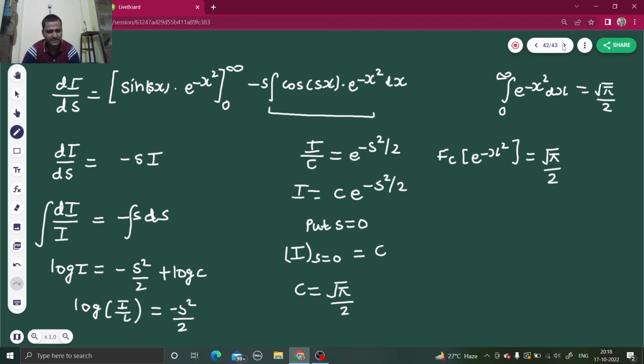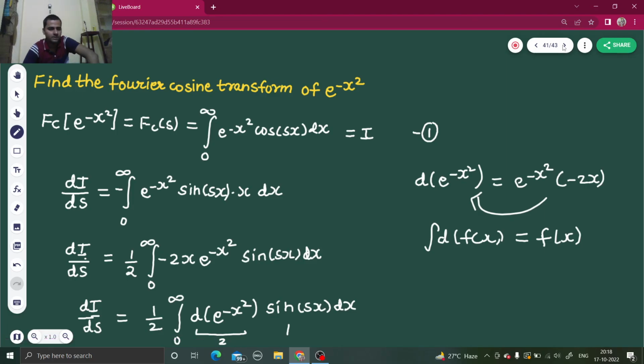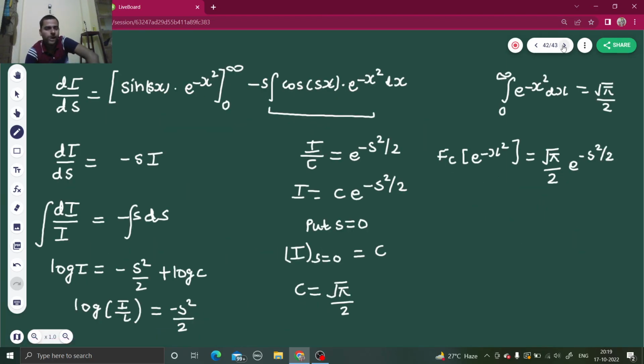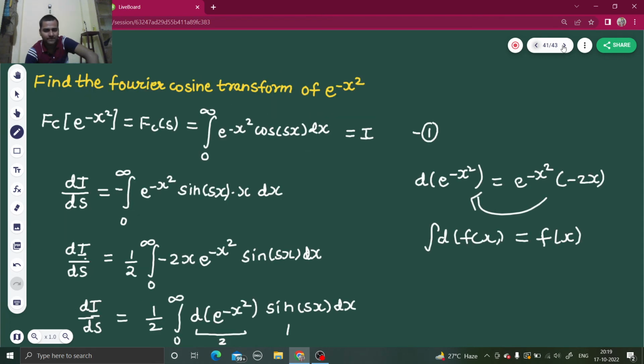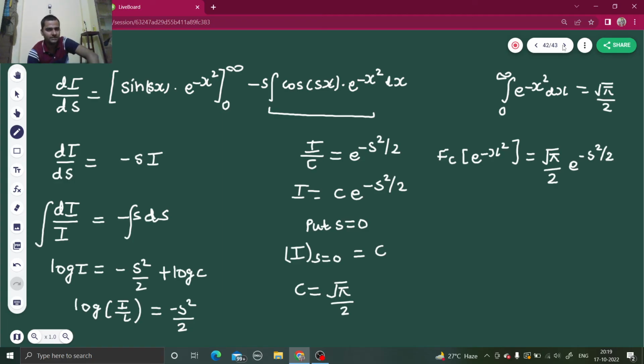And this was e power minus s square by 2. I think this was the answer we were looking for. No, it is not correct. So let me check whether I have made it wrong. So I had this 1 by 2, which I missed in later step. So I hope that will make it correct.